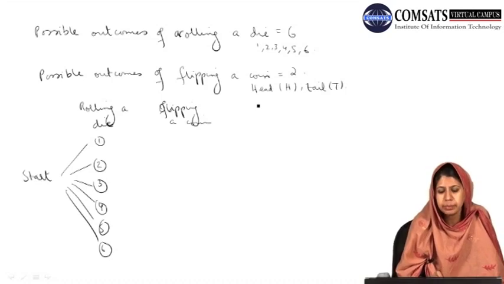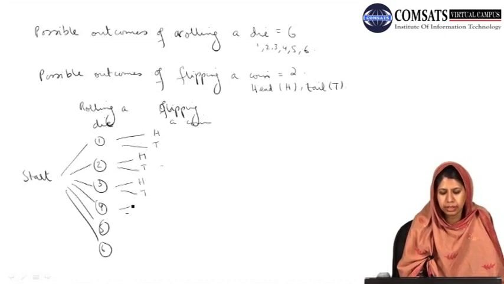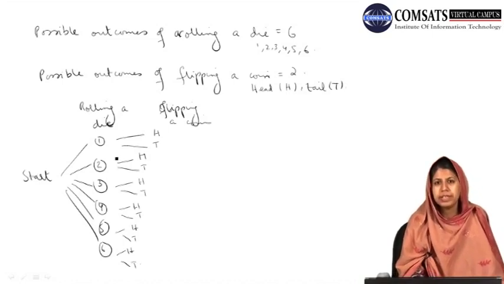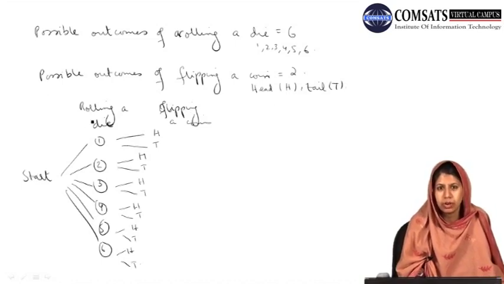The next step is what are the possible outcomes when we flip a coin, which means that either we obtain a head or a tail, and the same possible outcomes with each outcome of rolling a die. That is, if we obtain a 4 after rolling a die, then by flipping a coin after, either we will obtain a head or a tail. So this is basically a tree diagram representing our possible outcomes depending on this order.